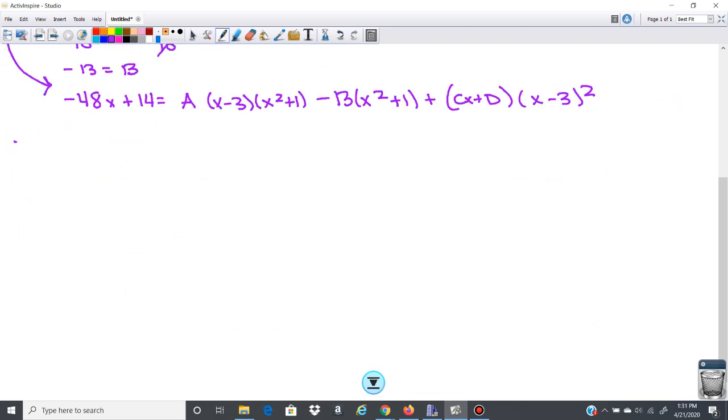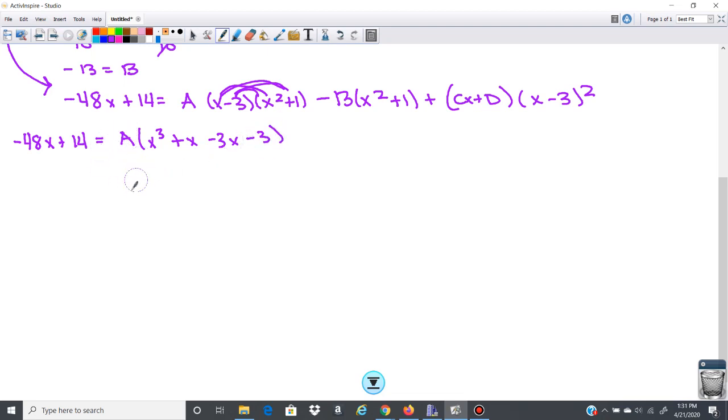Negative 48x plus 14 will stay over here. Now I'm going to take these and multiply this out first. This is going to be x times x squared, so we have A and then x cubed, plus x minus 3x minus 3.